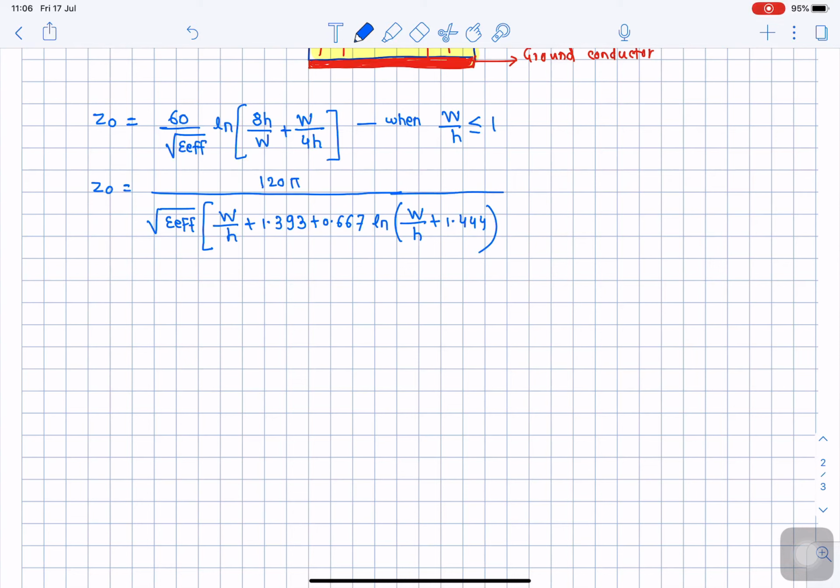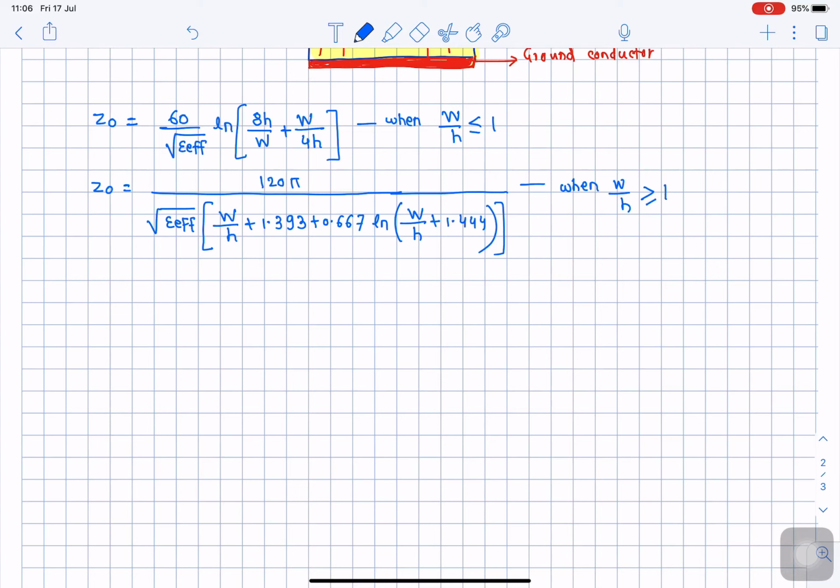All these terms are in the denominator. We use this equation when the width to height ratio of the microstrip transmission line is greater than or equal to 1.